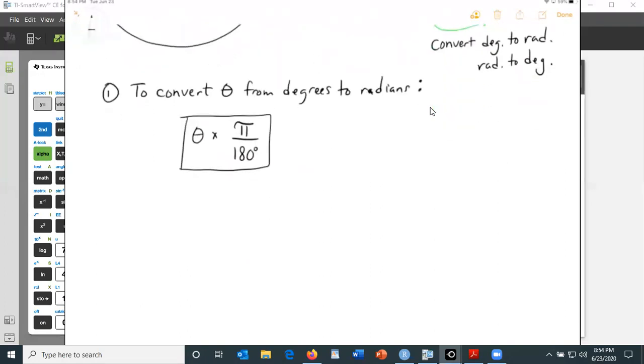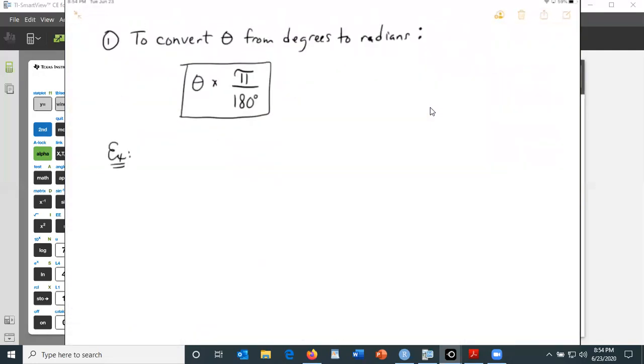All right, so for example, let's take some common angles like 45 degrees, 90 degrees. Let's also do 360. Let's see what those are in radians.